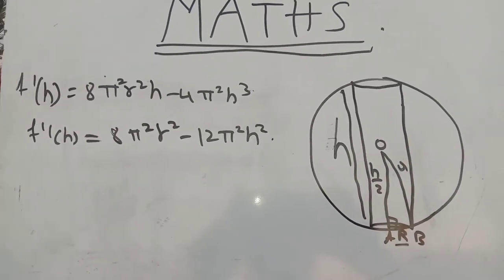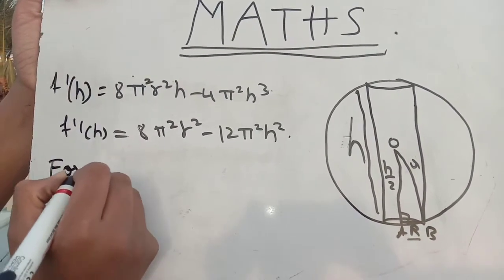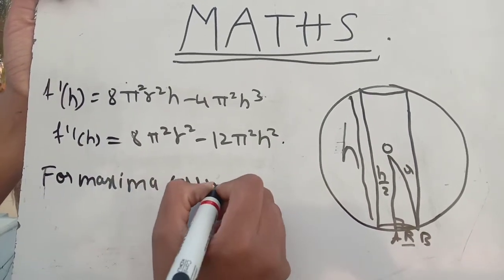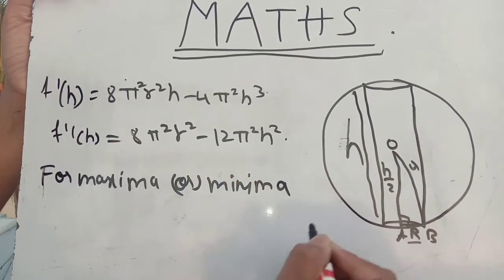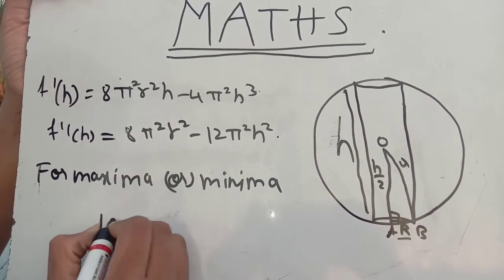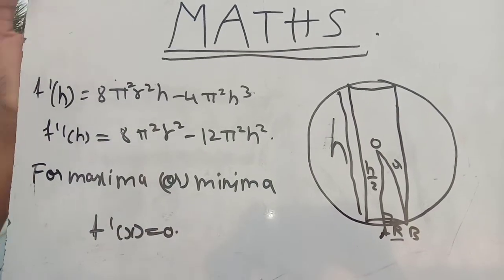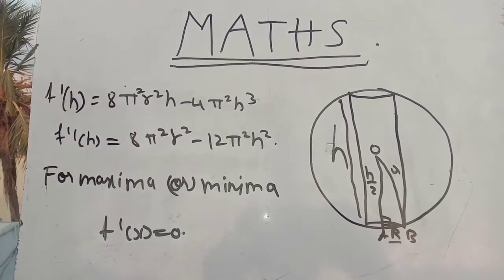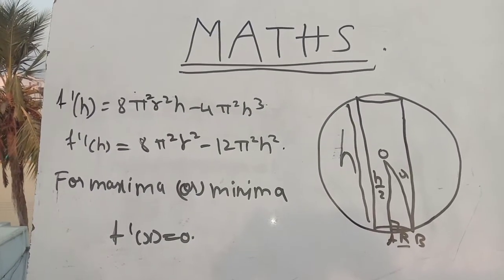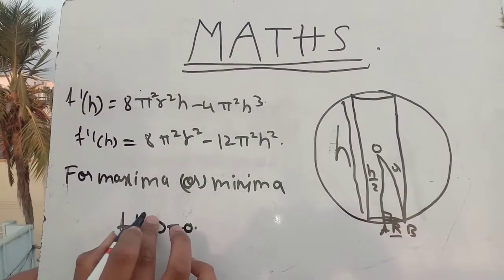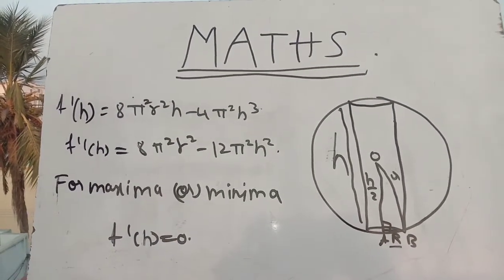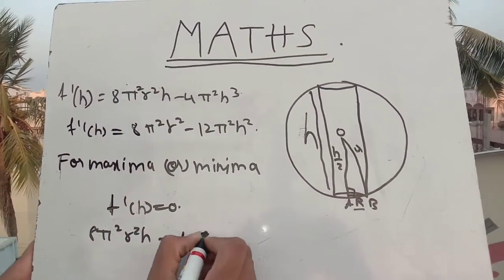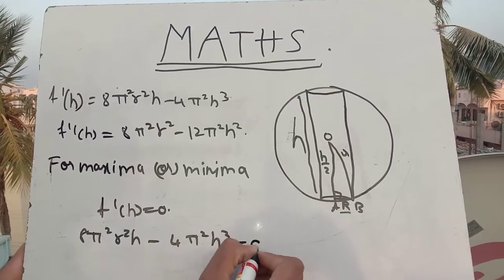Now, in order to find maxima or minima, f dash should be equal to 0. So f dash of h, 8 pi square r square h minus 4 pi square h cube, should be equal to 0.